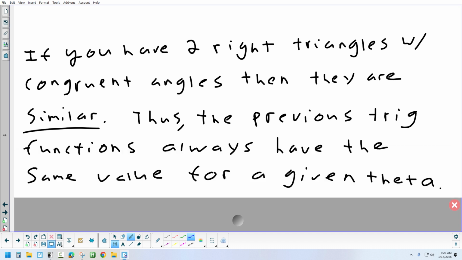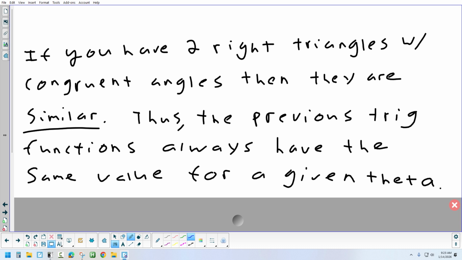So when you have two right triangles where all the angles are the same, it doesn't guarantee the size of the triangles are the same, but it does guarantee that the triangles are similar. If the triangles are similar, the trig functions will come out the same for a given angle.